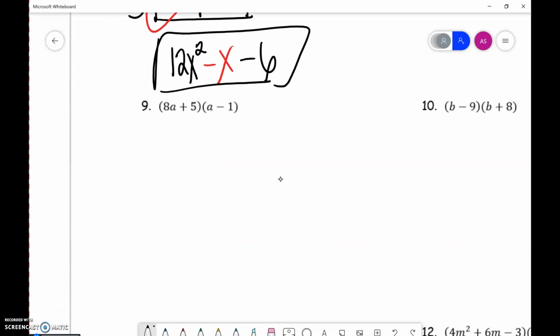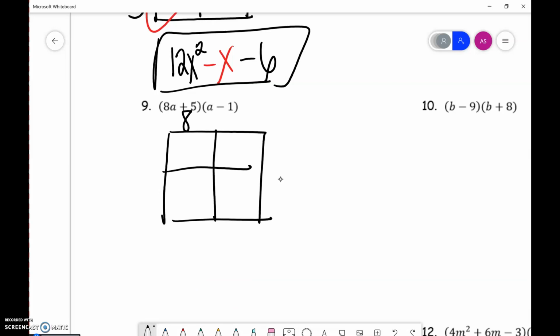Number 9, same thing. We're going to draw our 2 by 2 box. I'm going to have 8a plus 5. I'll have a minus 1 here. Okay, then what I'll have here is I'll have 8a to the second power.